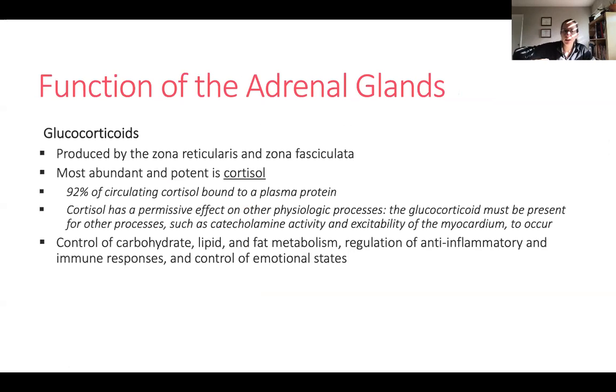And it has a permissive effect on the physiologic processes. So it must be present for that to occur, such as catecholamine activity, excitability of the muscles in the heart. And it also acts to control carbohydrate, lipid, and fat metabolism, and the regulation of anti-inflammatory and immune responses, and control emotional states.